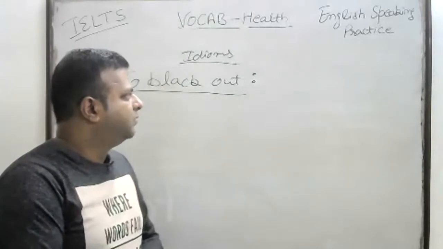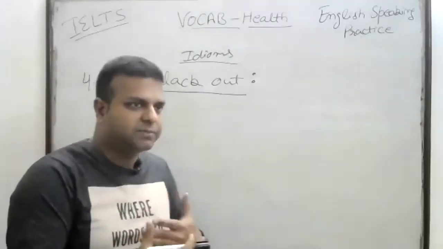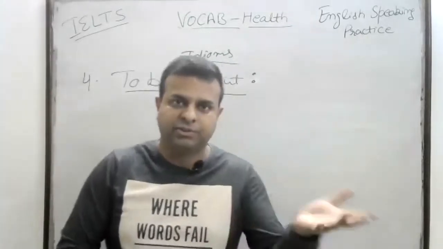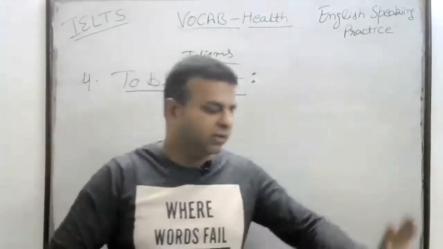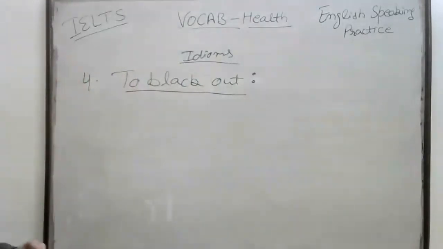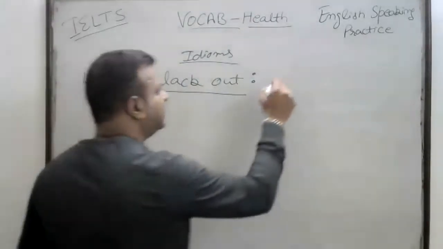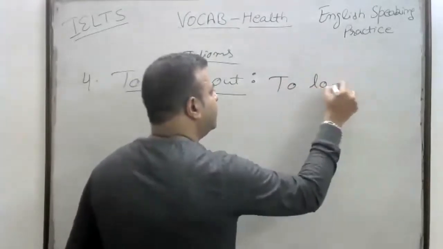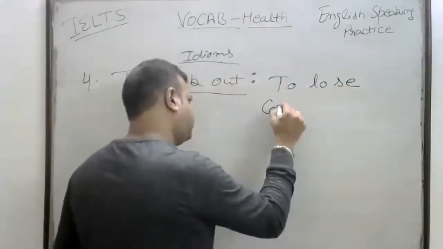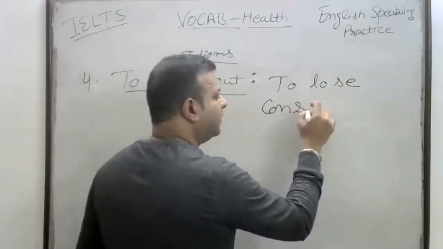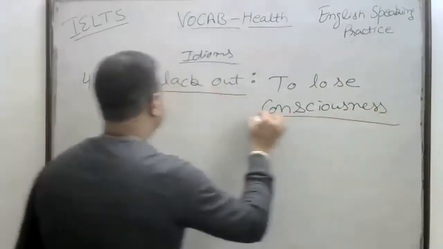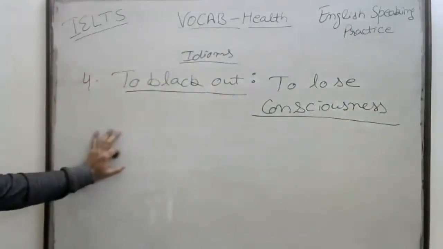Whenever you feel so weak, you fall down unconsciously, right? So you're lying down unconsciously, so that means blackout. To lose consciousness. Now, how can we make an example?